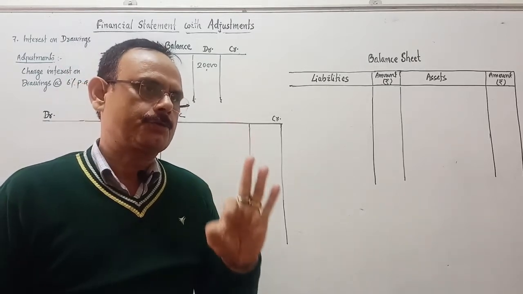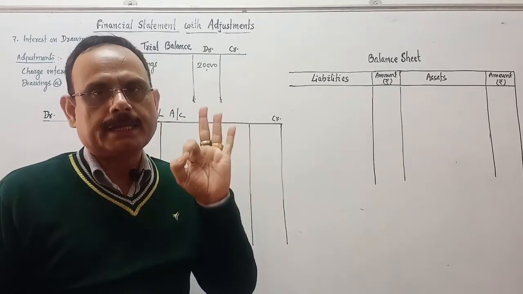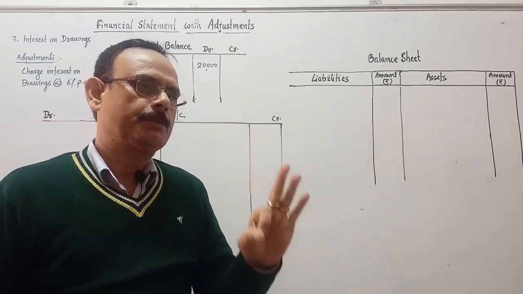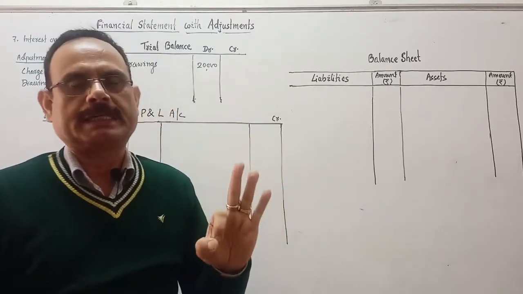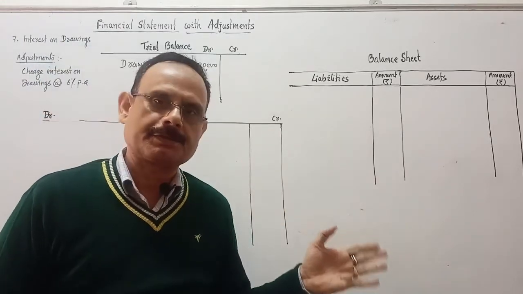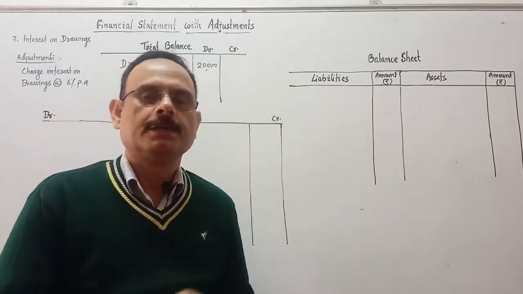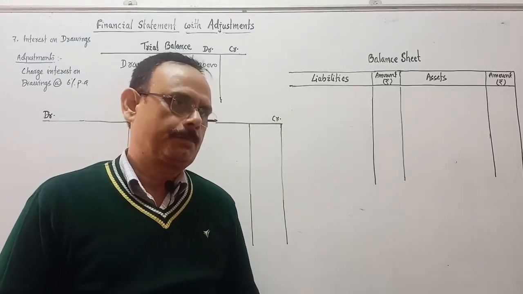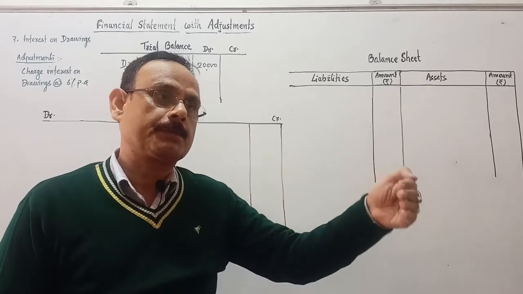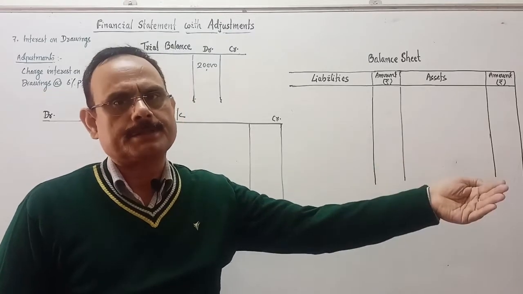Interest on drawing is an income for the business, because whatever the proprietor has withdrawn, either in cash or in kind, or any business services availed for personal use, that is drawings.